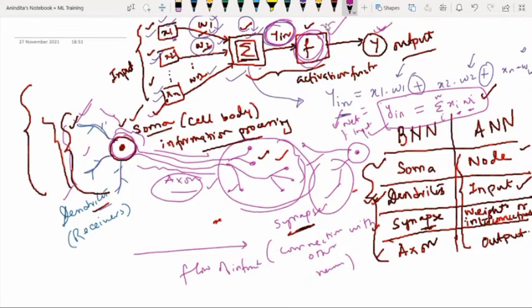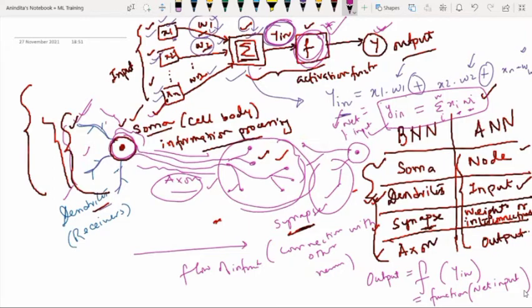So the output of the neural network is finally achieved by applying a function on the net input.